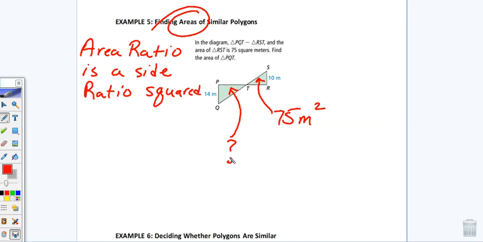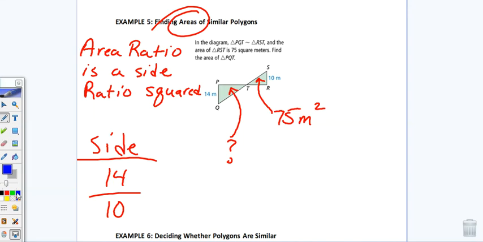Okay, now up there, guys, do we have 2 sides that correspond to each other? Okay, talk to me about this, kids. The side ratio is what to what? 14 to 10. Okay, now hear me out. I'm not going to tell you you have to simplify that side ratio. Again, what are we trying to find?